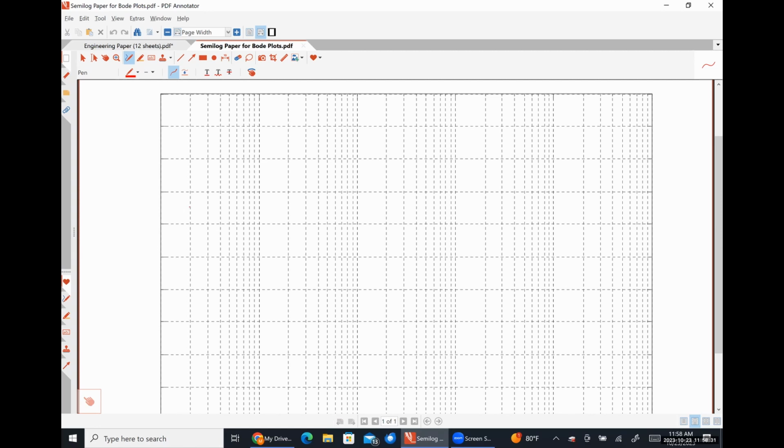Bode, B-O-D-E. And then plot is the word plot. Named for a dude with the last name of Bode, if I am not mistaken. Might have been a lady, but I think it was probably a dude.